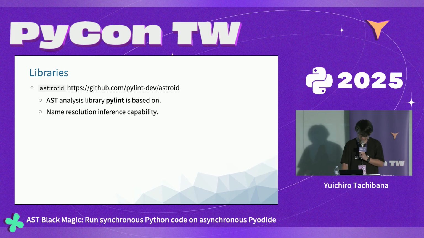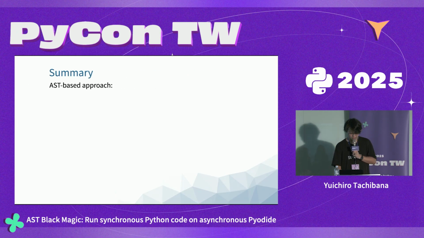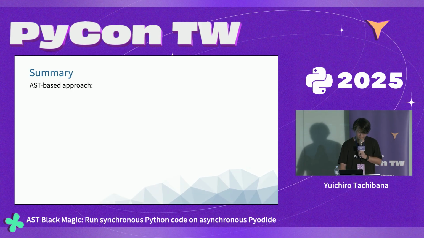And if you need to do something like this, using an existing library is one option. For example, Astroid is a good AST analysis library that PyLint is based on, and it provides name resolution capability built in, so it should be useful for practical use.